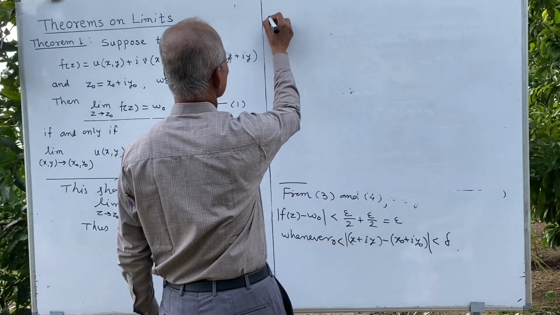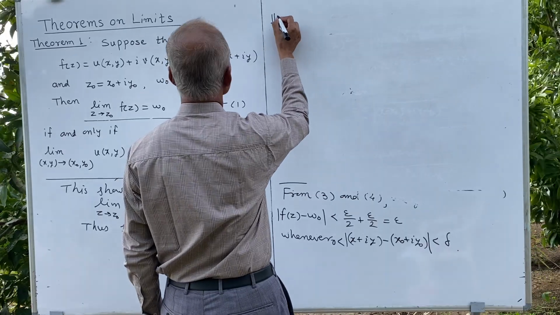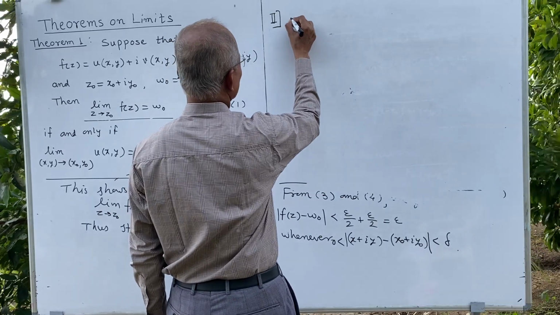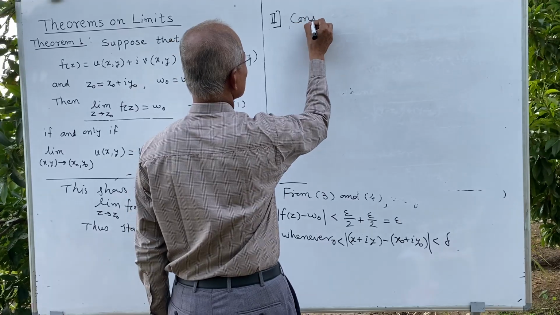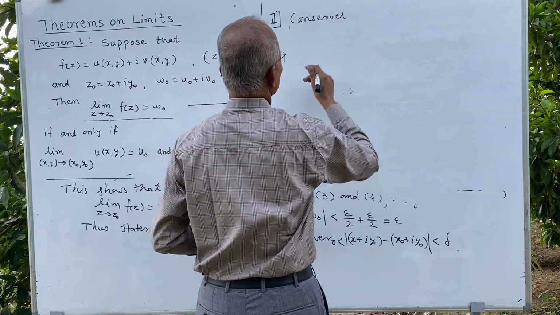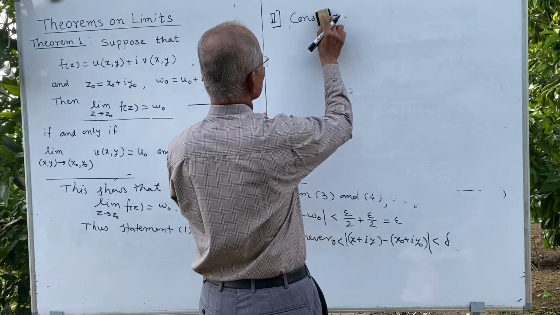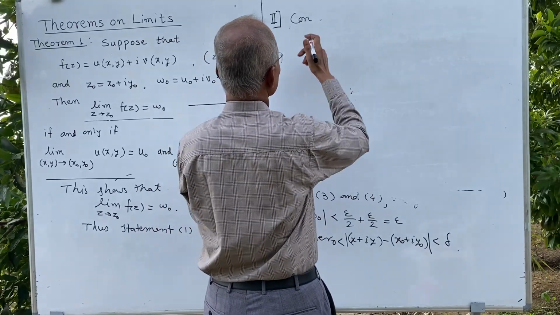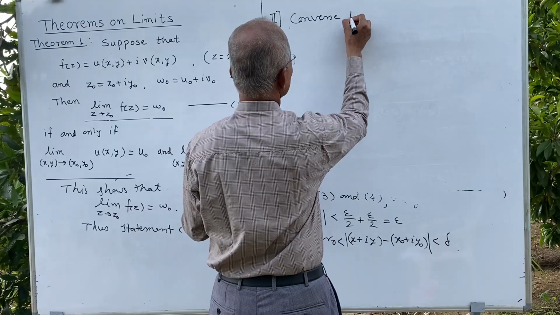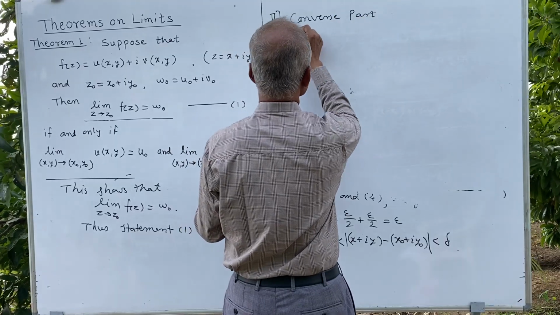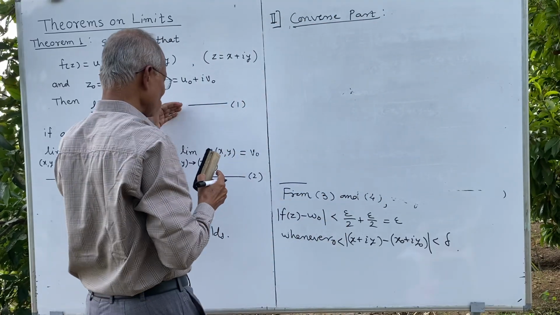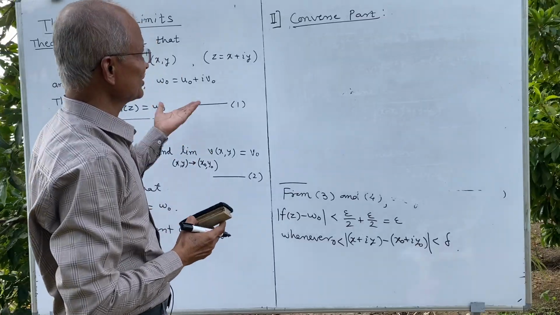See part 2. Now, conversely, suppose the converse part. Actually, we are proving that 1 implies 2, which is the first part.